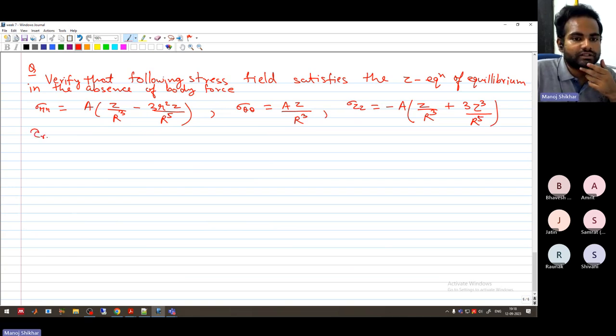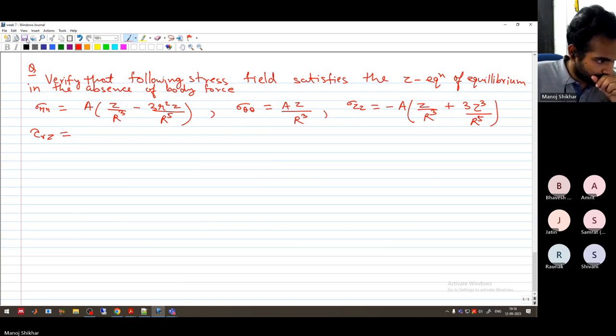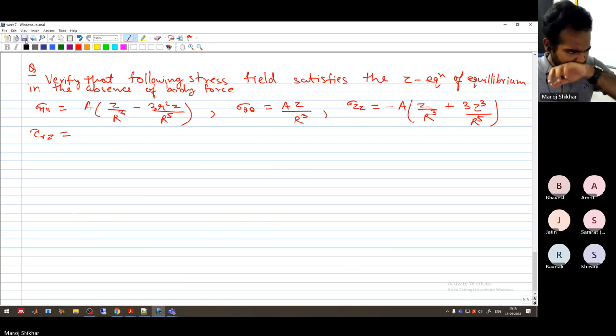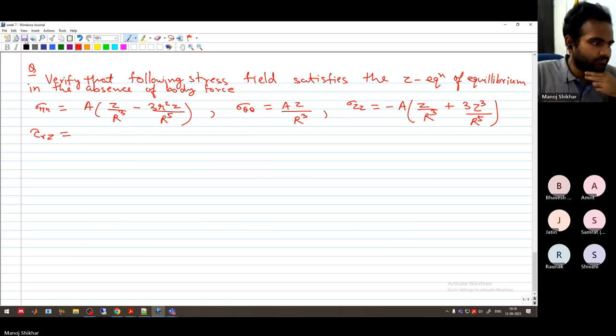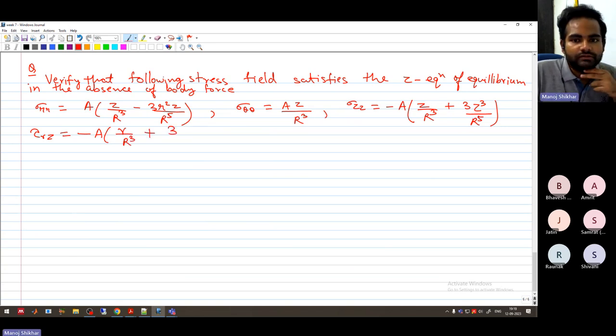They've given you tau RZ equal to minus A times R by R cube plus 3Z square R by R to the power 5.